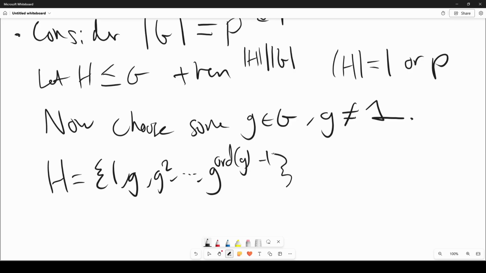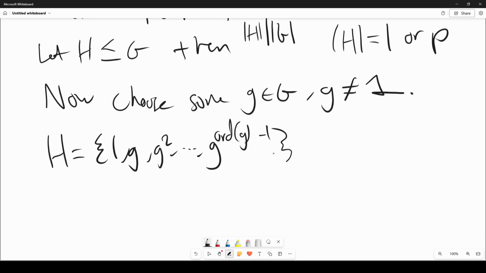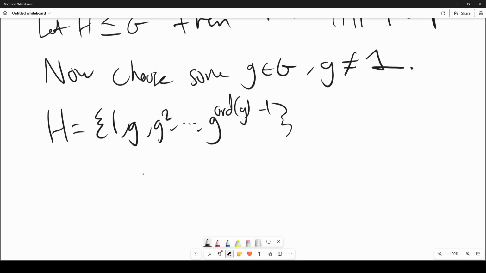We considered this subgroup at some point in an earlier video. Well, since g is not equal to 1, the identity is in this subgroup, and g is in this subgroup, and this is a subgroup of G. But we know the only subgroups are 1 and G, so H has to equal the entire group G in this case. And that implies that the group G is cyclic.